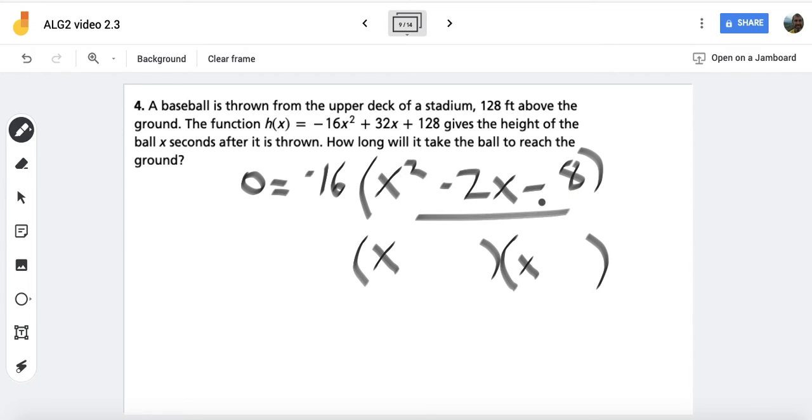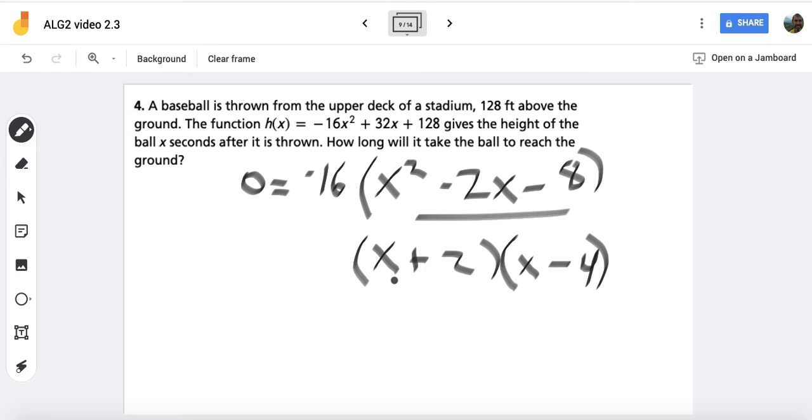I mean 2 times 4. 2 times 4, as long as one of them is negative, I'm going to get negative 8. I want the larger one to be negative. Yeah, positive 2 and negative 4. Double check that. 2 times negative 4 is negative 8. Negative 4 plus 2 is negative 2.